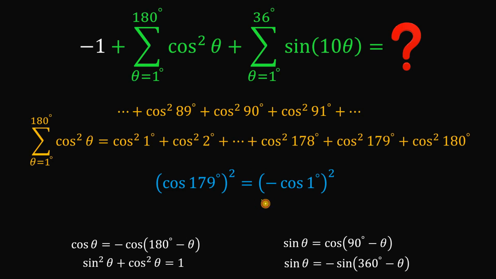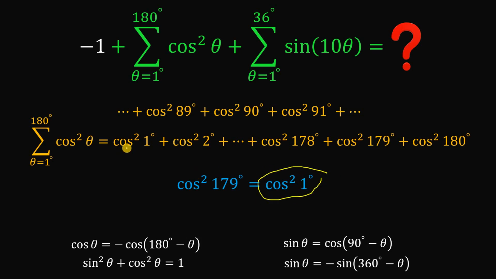Notice, both sides of our equation now become positive, because negative cosine 1 degree times negative cosine 1 degree gives us positive cosine squared 1 degree. So, cosine squared of 179 degrees must be the same thing as cosine squared of 1 degree. Therefore, cosine squared 1 degree plus cosine squared 179 degrees is just the same thing, so we have 2 times cosine squared 1 degree.